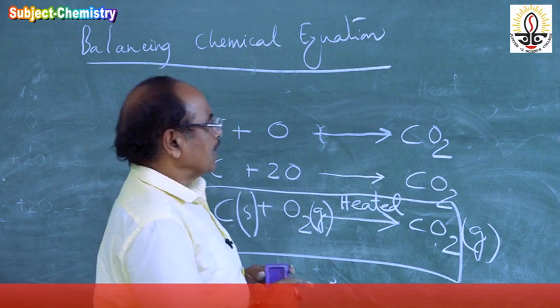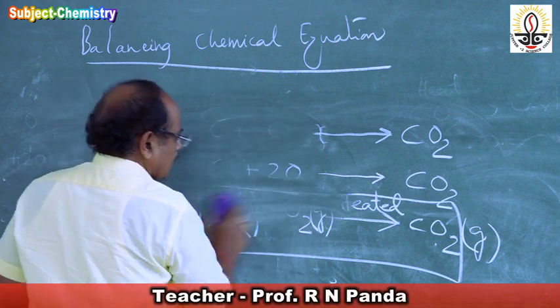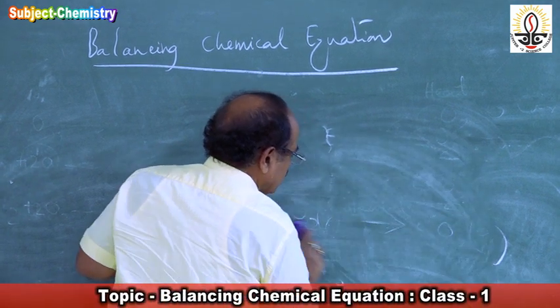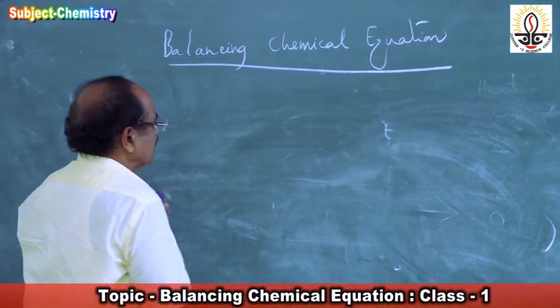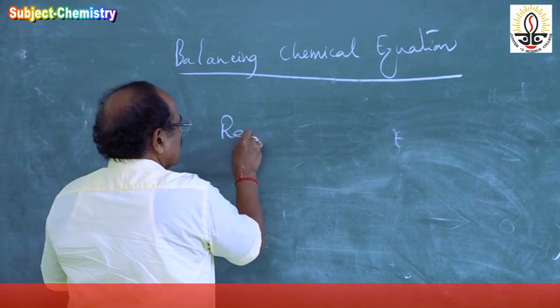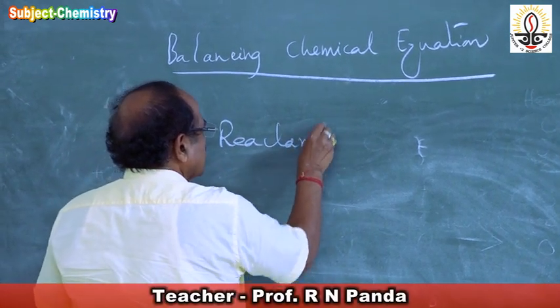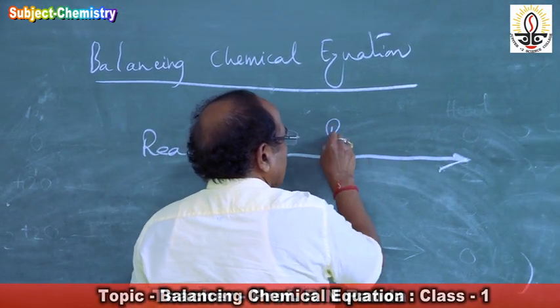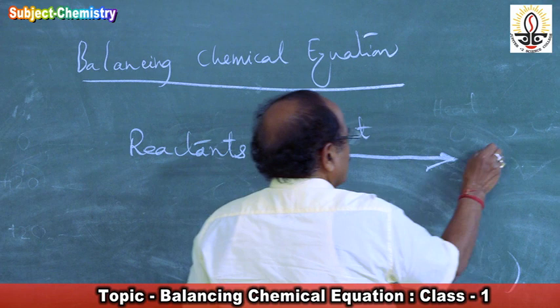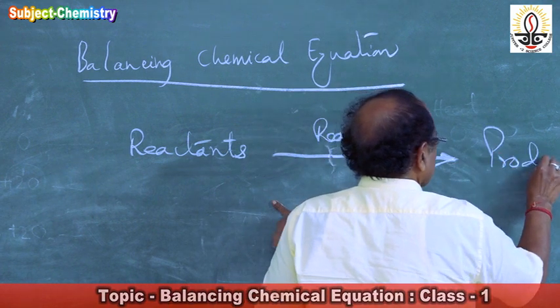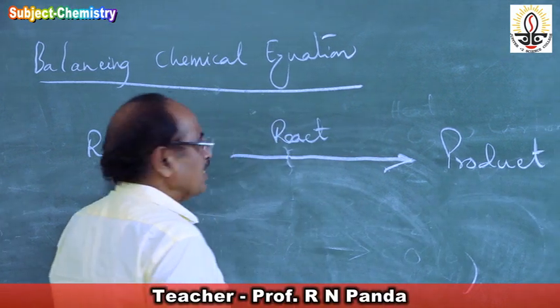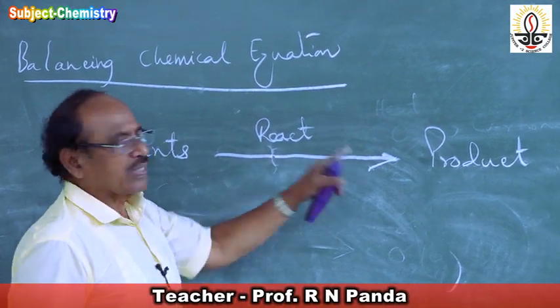So now children, let's write how to write it. During a chemical reaction, what happens? We take the reactants, and these reactants react to produce the product. So this is the final stage, and this is the initial stage, and this is the process going on.